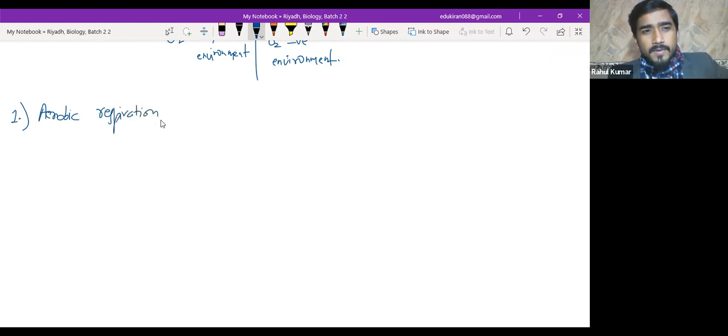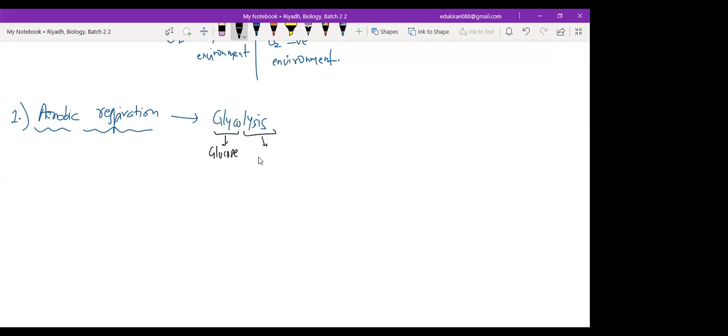In aerobic respiration, there is a process that happens which is called glycolysis. Now let's go to the terminology. What does glyco mean? Glucose. And what does lysis mean? Breaking. Breakdown.